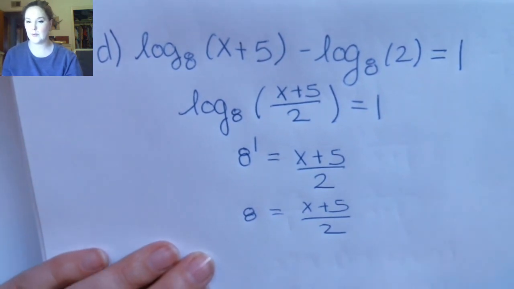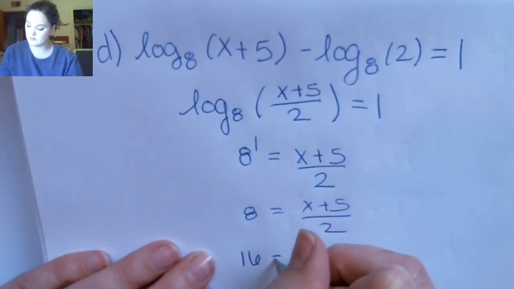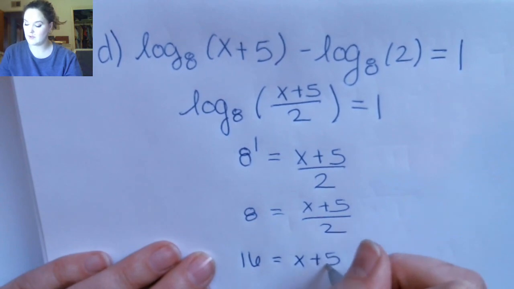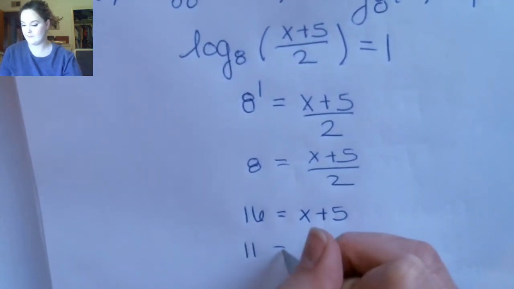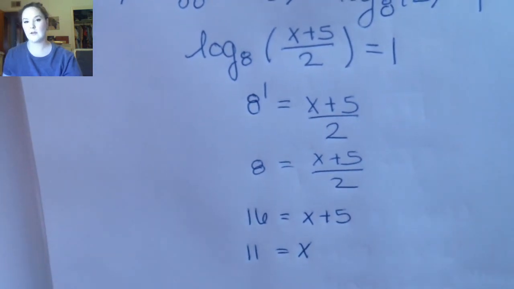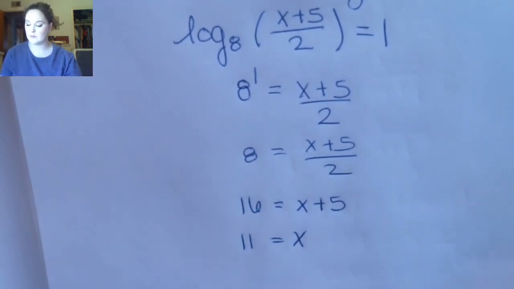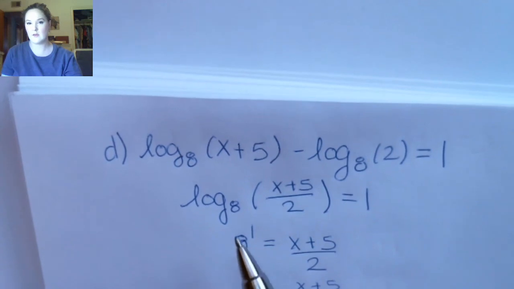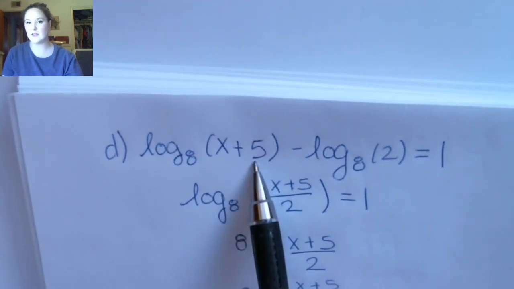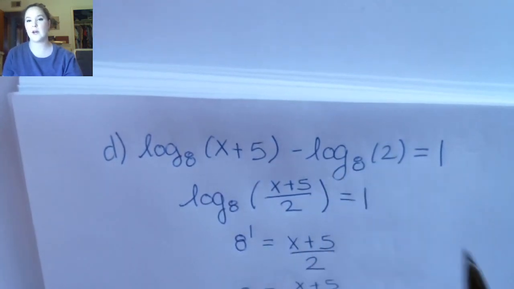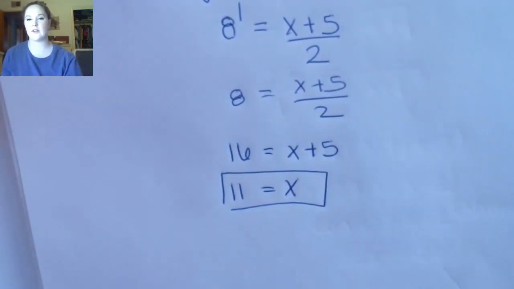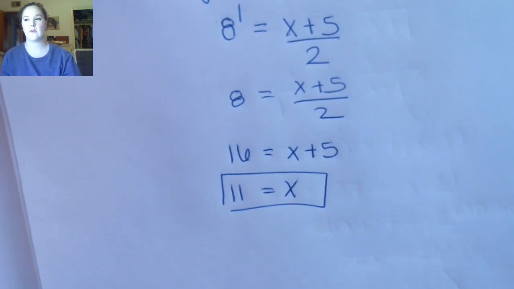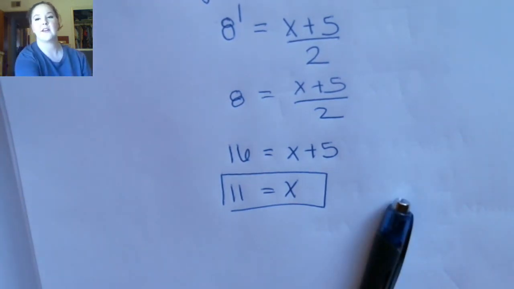Now we're going to multiply both sides by 2 and subtract 5 from both sides. We're going to check if we're allowed to plug this in. 11 plus 5, that's 16, that's positive. This is always a positive number. So this is really a solution. It's not extraneous. Okay, I hope that makes sense, and I'll see you guys soon.